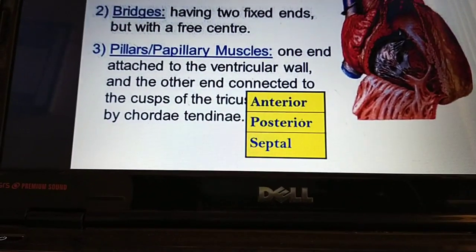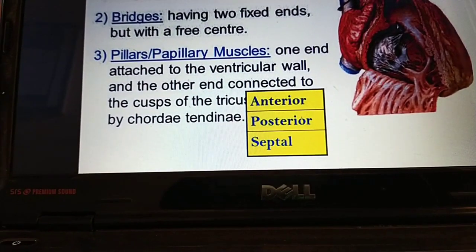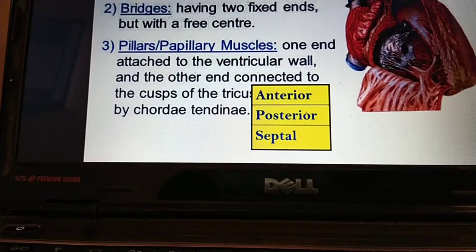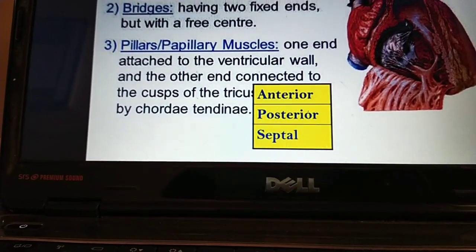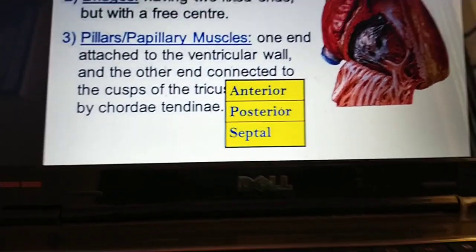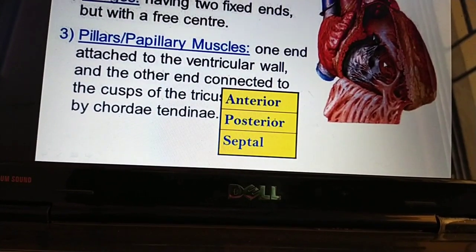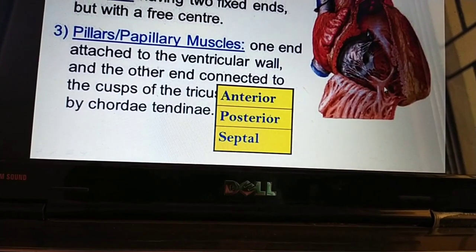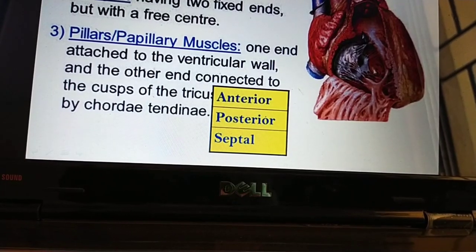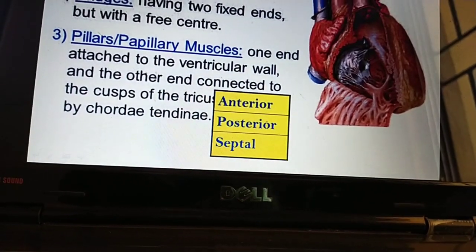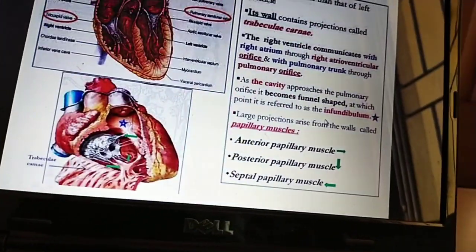These papillary muscles are three in number in the right ventricle: anterior, posterior, and septal. This is the anterior, this is the posterior, and this is the septal. Go to the next slide.